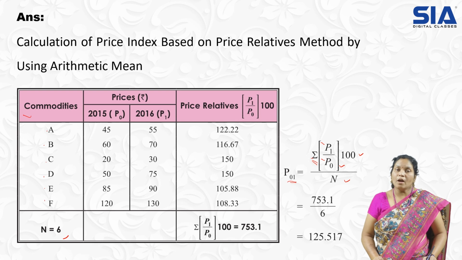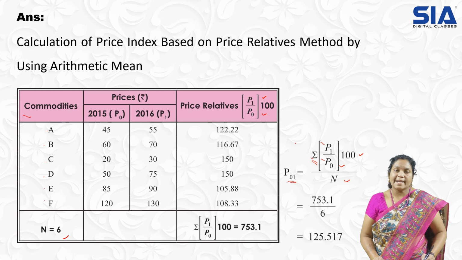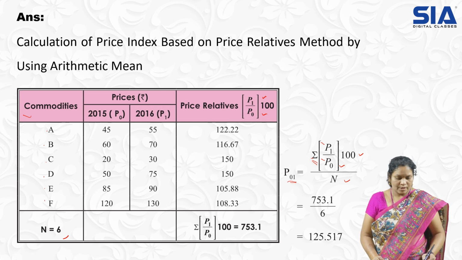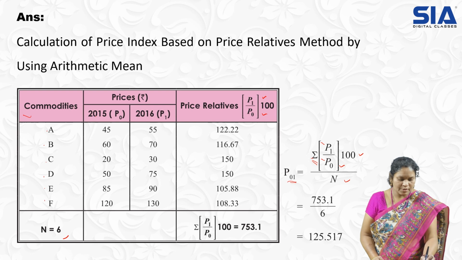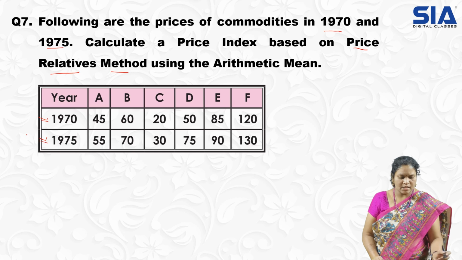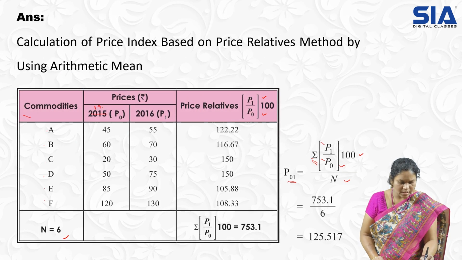Now let us go for obtaining our formula. What we have to do here? P1 by P0 into 100 we have to do. That's what we call price relatives. So take P0 and P1. Just now we discussed, yes, they have written it wrongly here. So 1970 and 1975 we require. Just make the changes. This is 1970 and this is 1975.